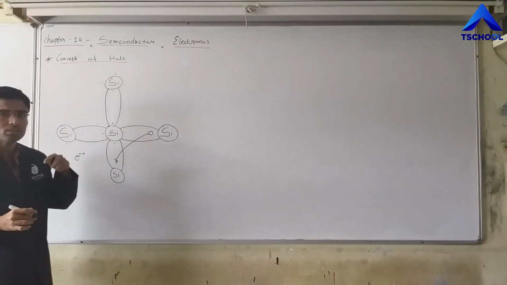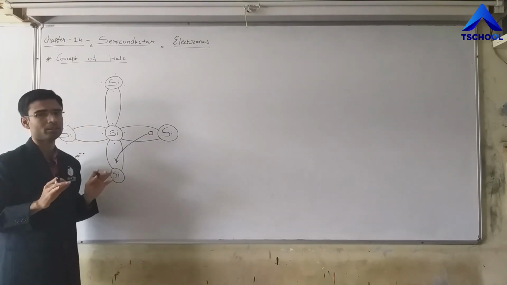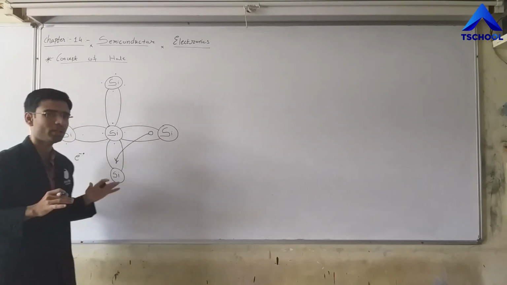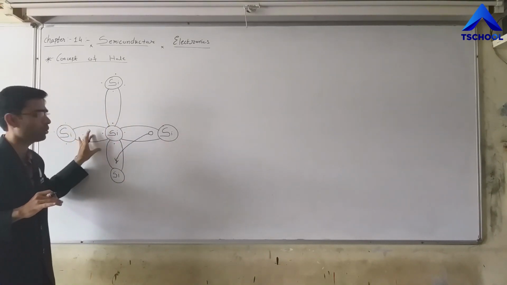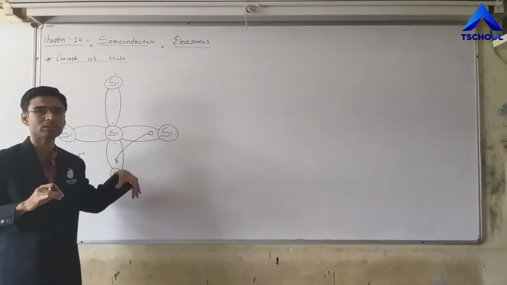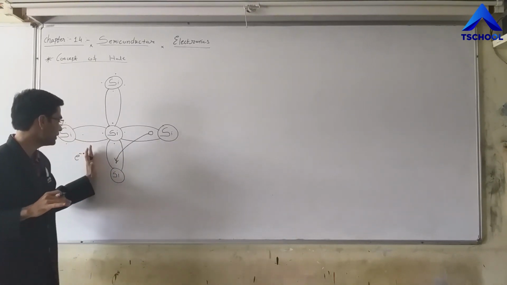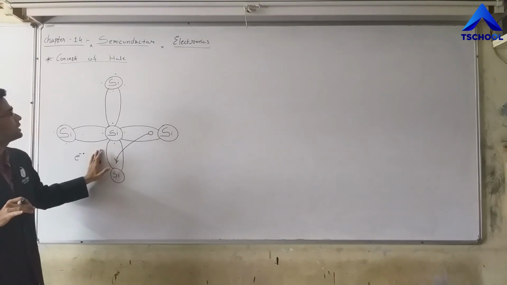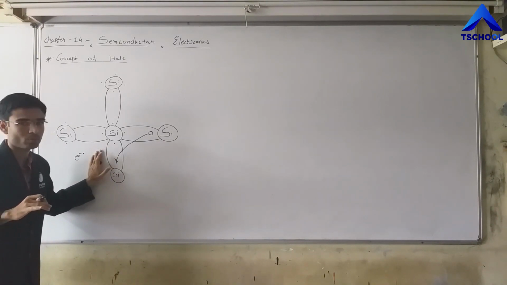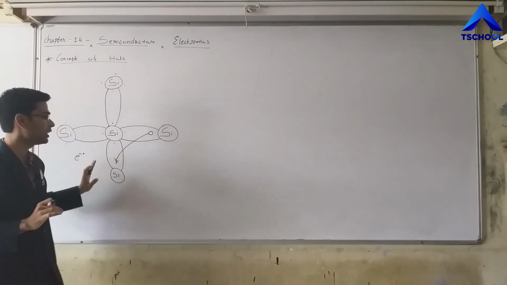That process continues till the maximum number of electrons become free from the covalent bond, and those electrons take part in electrical conduction. In this way electrical conduction can take place in semiconductors, that is silicon and germanium.